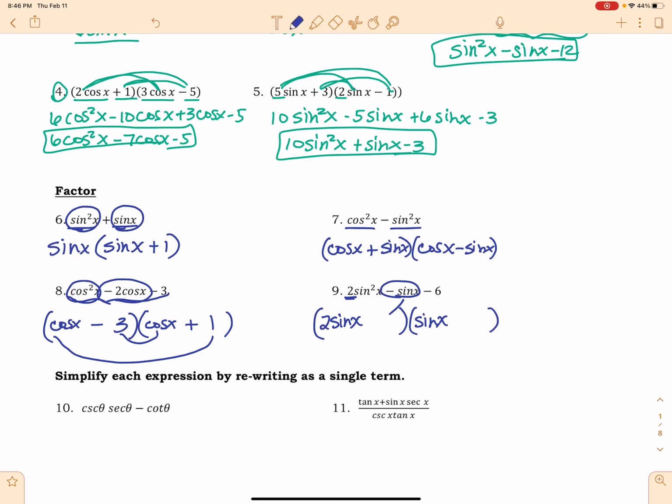It's not going to be 6 and 1, because if we put a 6 here and a 1 here, then that's going to give me 6 and 2. That's not going to work. So what about 2 and 3? 2 sine x and 6 sine x. That's not going to work. Let's try 3 and 2. We get a 3 sine x and a 4 sine x. Oh, that's a win. We want to make the 4 the negative and the 3 the positive. And that's how you factor involving your trig expressions.